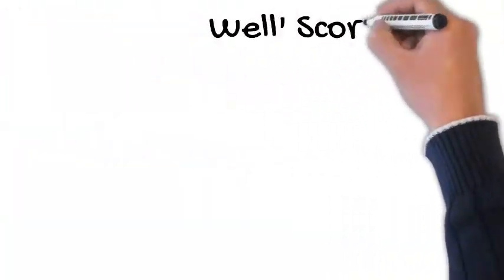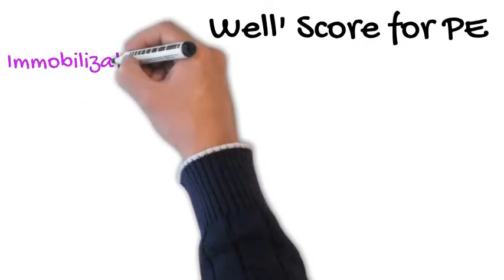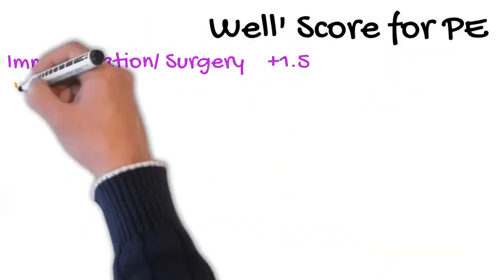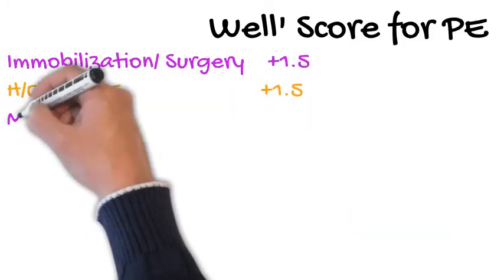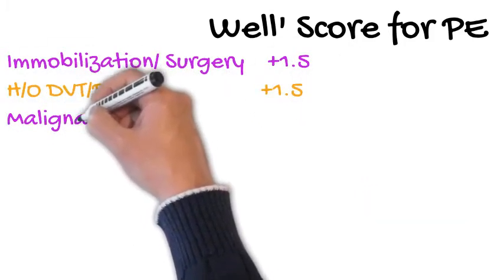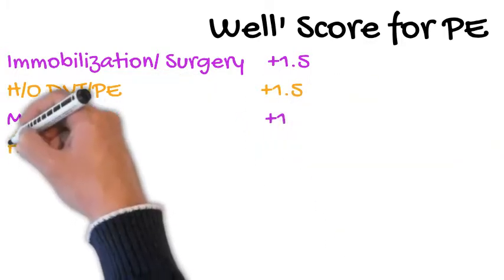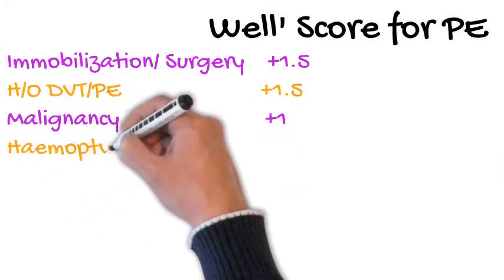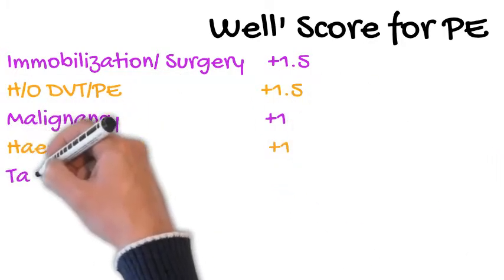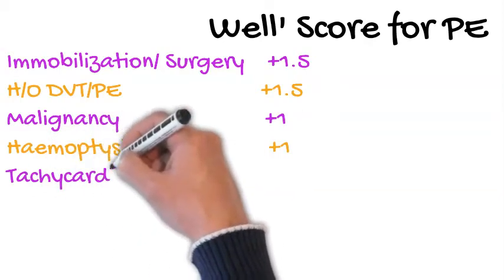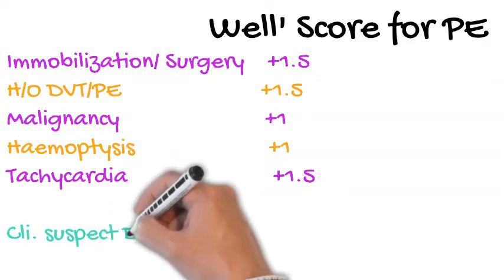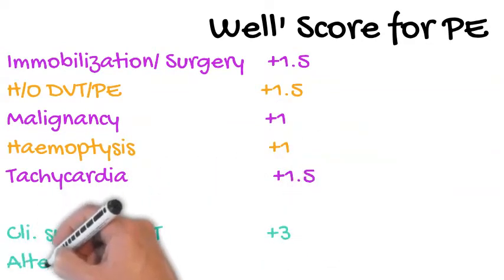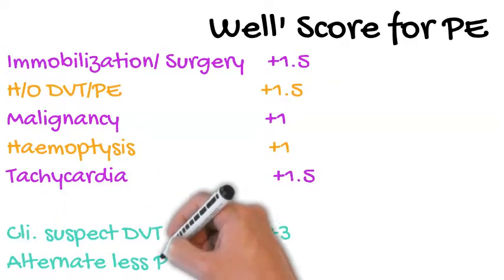I am using the Wells score for probability of acute pulmonary embolism. Easier for me to divide the risk factors and signs and symptoms during presentation. For risk factors, immobilization or surgery in previous 1 month, we can give 1.5 marks. History of DVT or pulmonary embolism can give 1.5 marks.